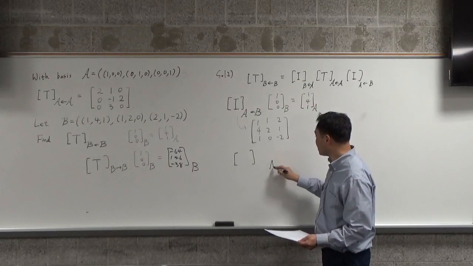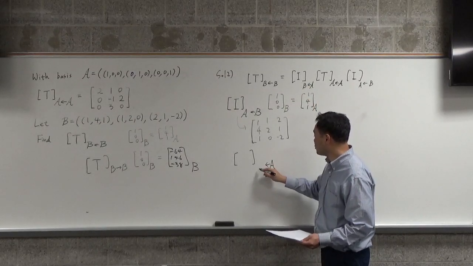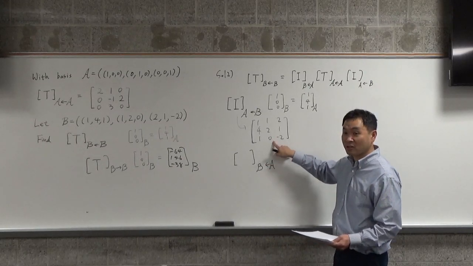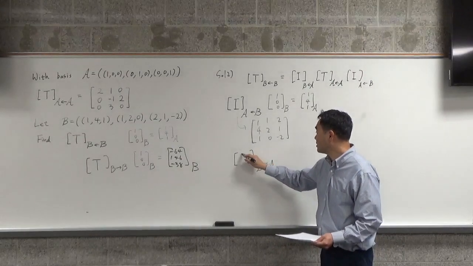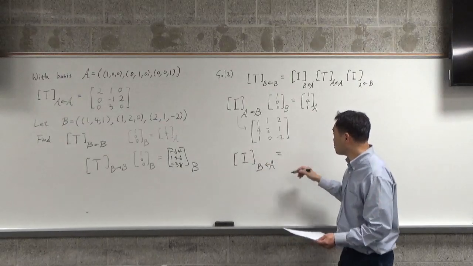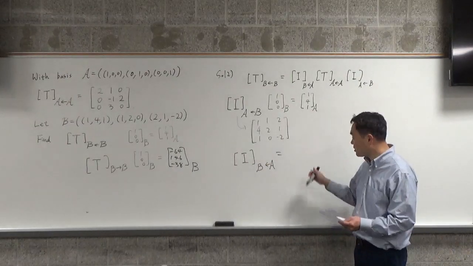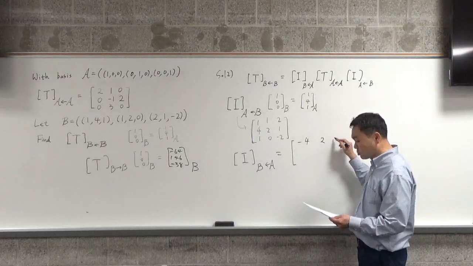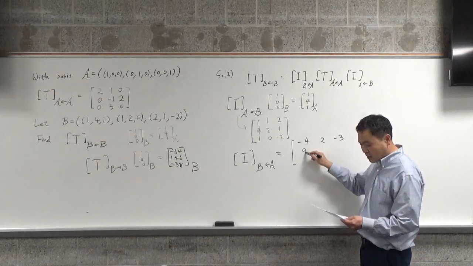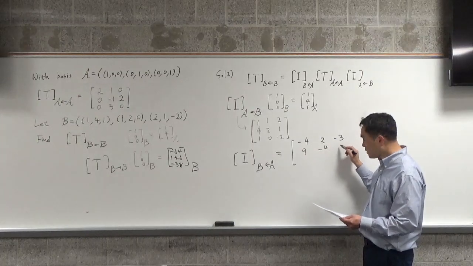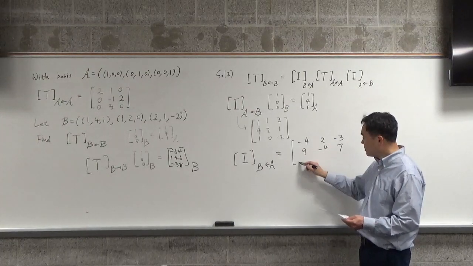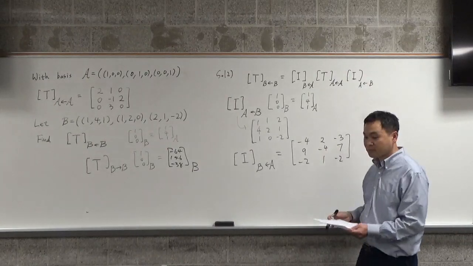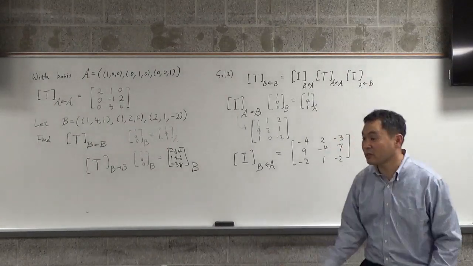So what you want is this matrix, A to B. But this will be the inverse of this. So we take this matrix, which is the inverse of this. If you calculate the inverse, it's negative 4, 2, negative 3, 9, negative 4, 7, negative 2, 1, negative 2. That's what this matrix is, okay?